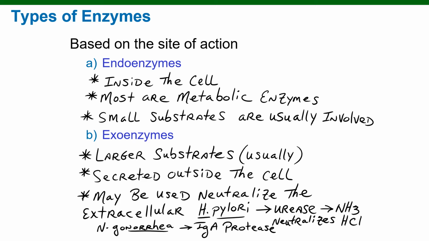And so what can happen is that the Neisseria gonorrhoeae organism is not able to usually survive unless IgA immunoglobulin antibody is neutralized.